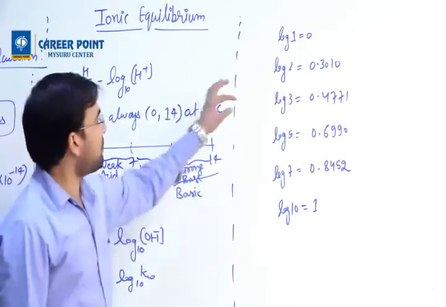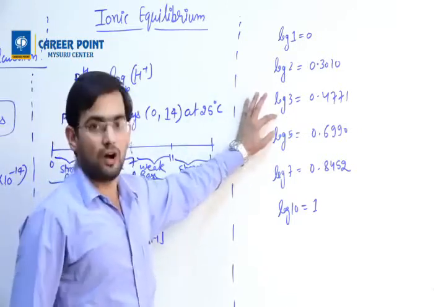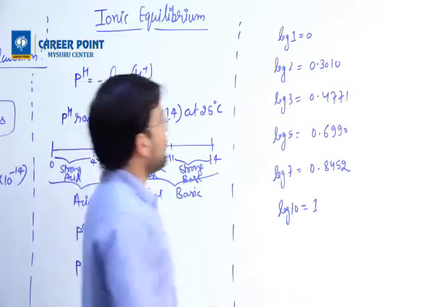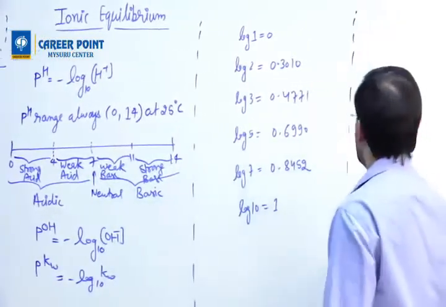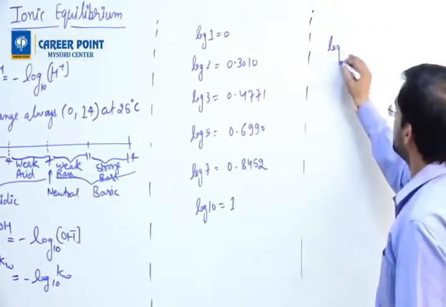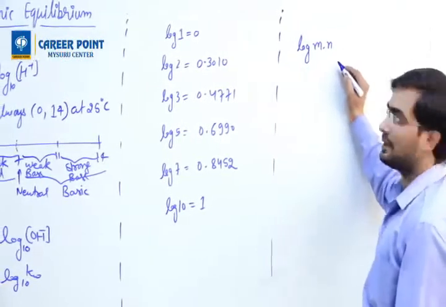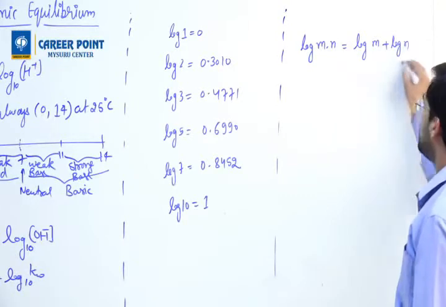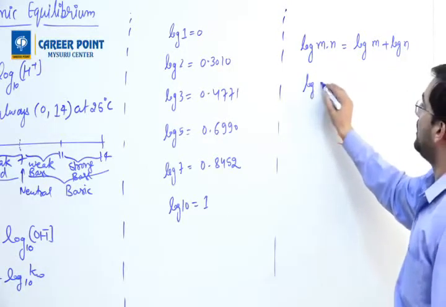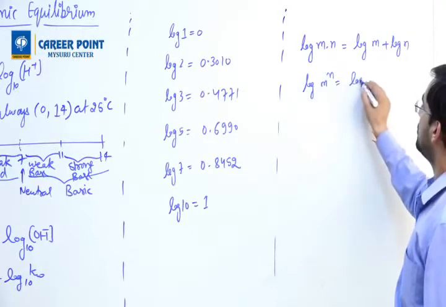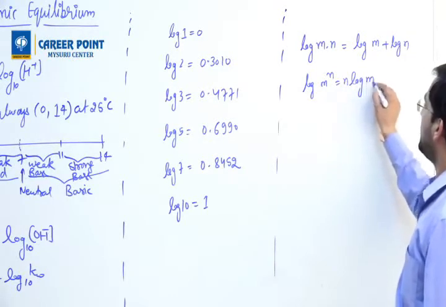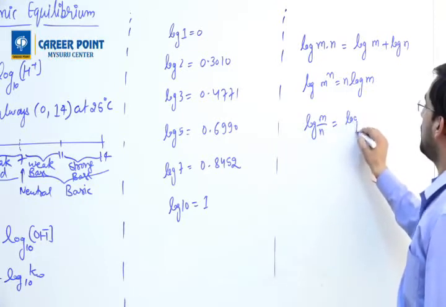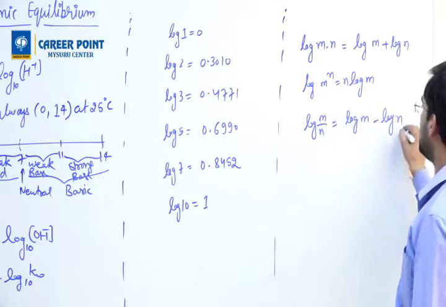Why did I not write 4? It is because log 4 can be calculated with the logarithmic formulas. Those formulas are: log of m into n equals log m plus log n, log of m power n equals n log m, and log of m by n equals log m minus log n.